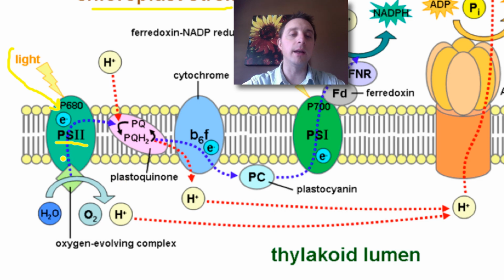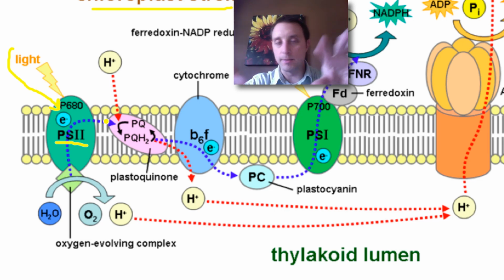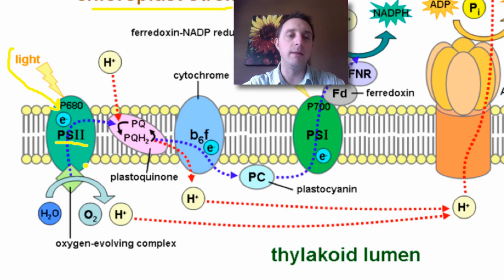When that light energy is absorbed, it's passed around amongst a bunch of different molecules inside the photosystem, but the energy eventually ends up as an electron. And that electron is now a high energy electron.